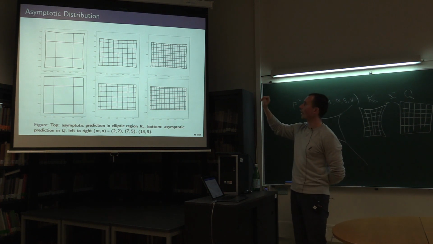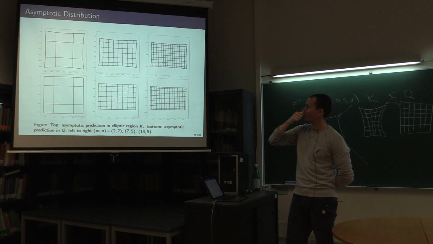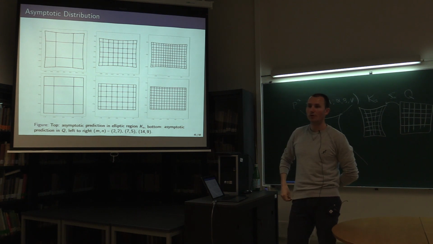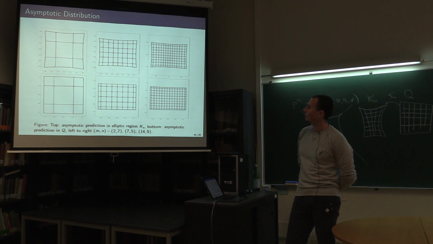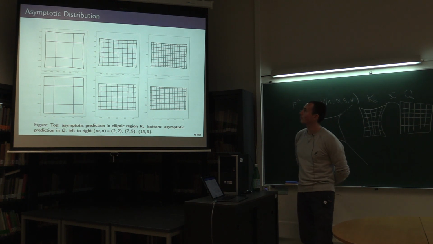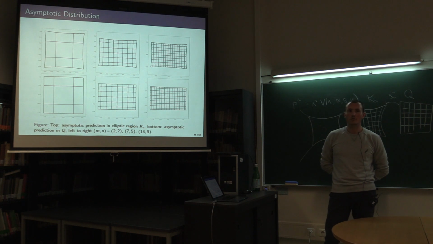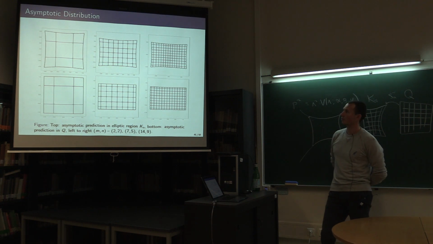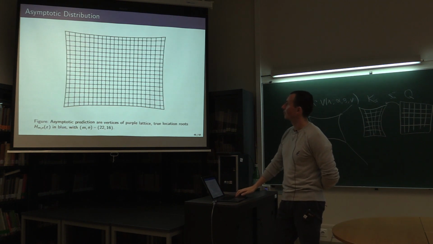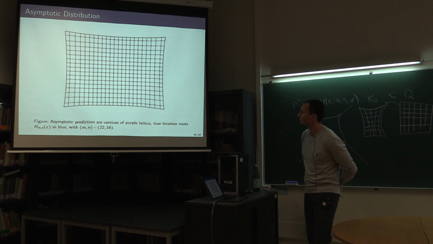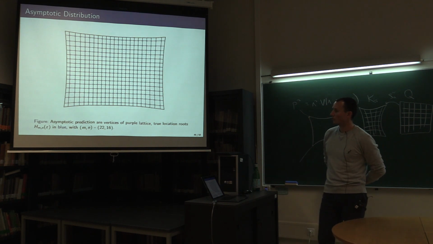So the error there blows up near the corners, and even though you can't see it, the WKB prediction does not match the exact location of the roots. So here's a somewhat larger picture of our results.